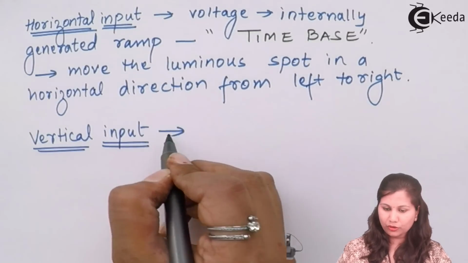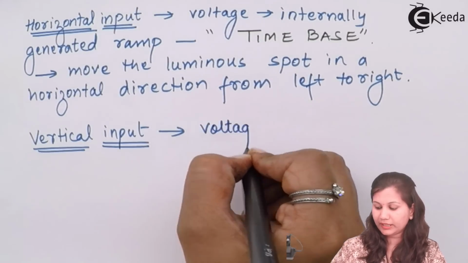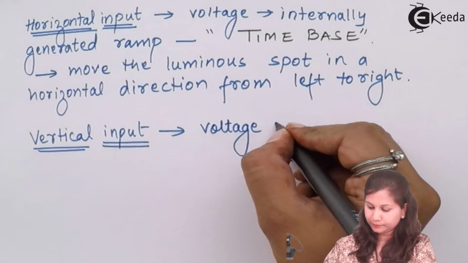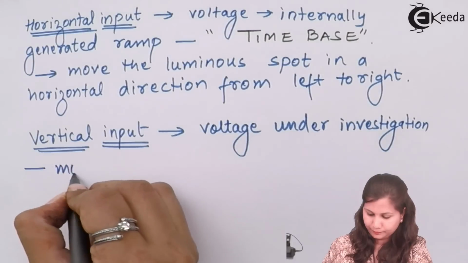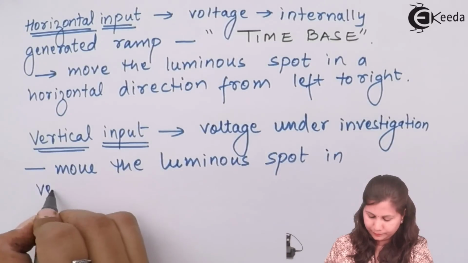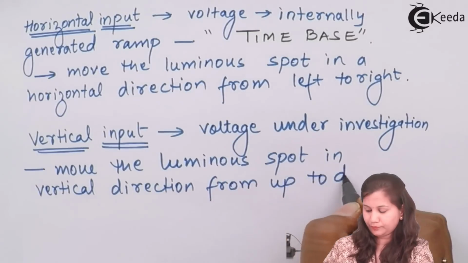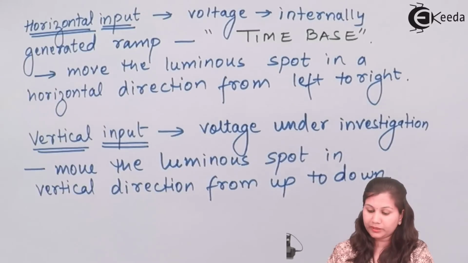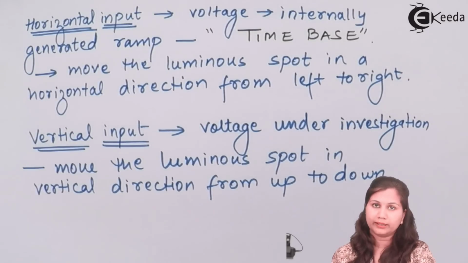The vertical input is also a type of voltage, the voltage under investigation, or the input voltage. So the luminous spot is going to track the changes in the input voltage, and it is going to plot the input voltage with respect to time.